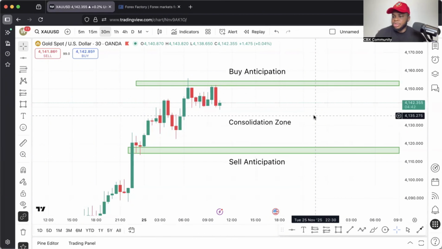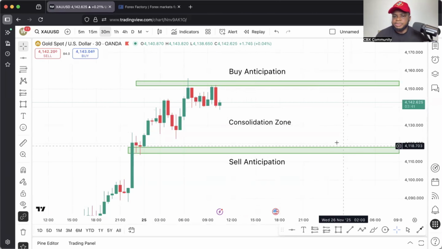The candle is left with 4 minutes for the candle to close. Let's just be patient. This candle is left with 3 minutes for this candle to close.